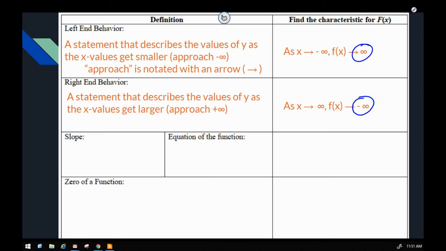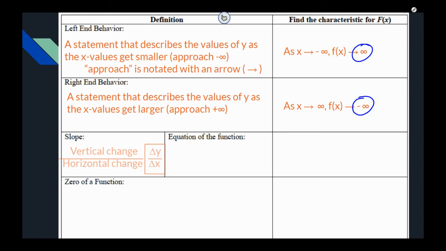Rise over run. Okay, so which values are we talking about when we're talking about rise? Are we talking about x values or y values? Y values. And when we're talking about run, are we talking about x values or y values? X values. So it's the change in y over the change in x, right? Rise over run.